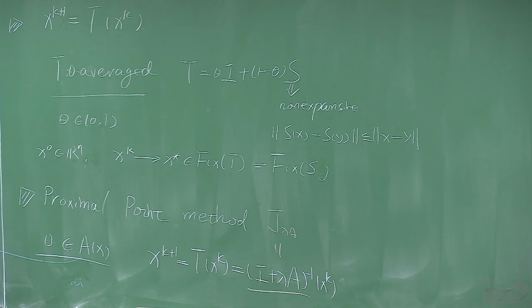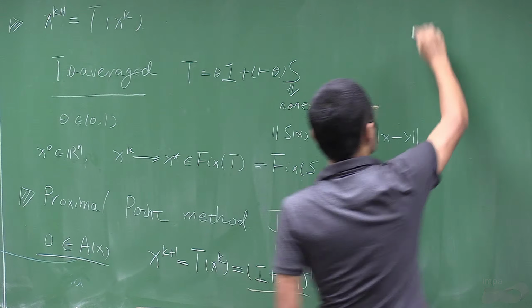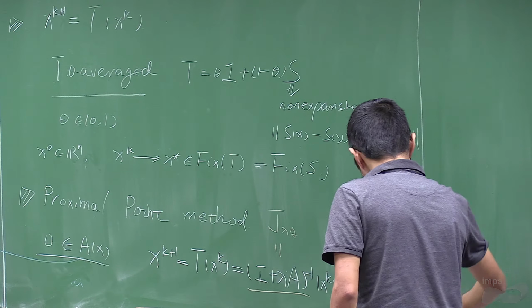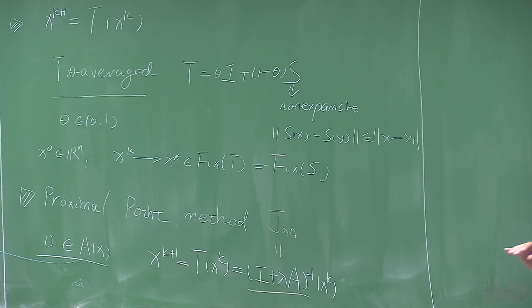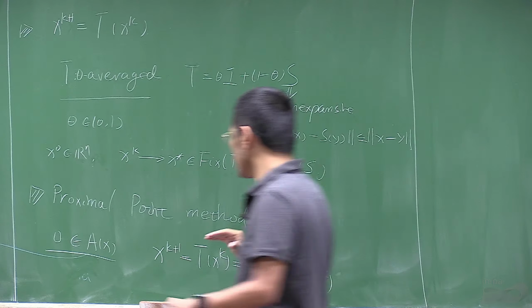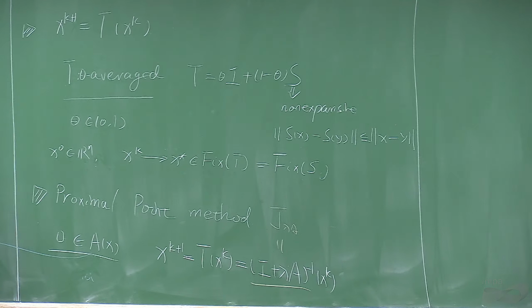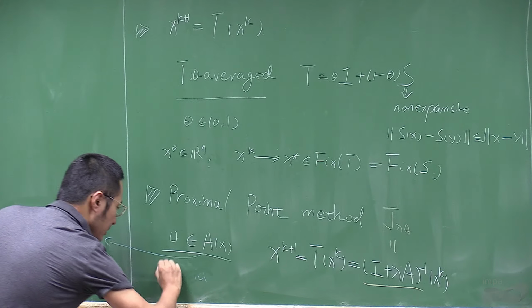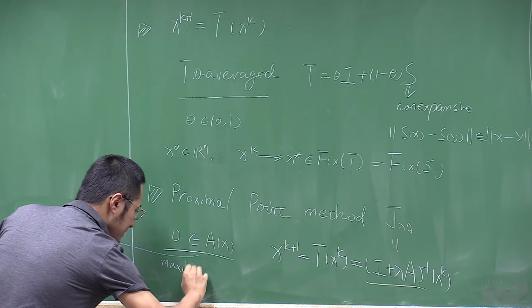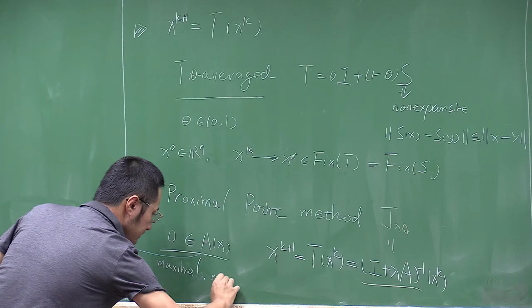Why does the proximal point method converge? The next theorem establishes the convergence result and also the relation of a maximal monotone operator and the averaged operator.